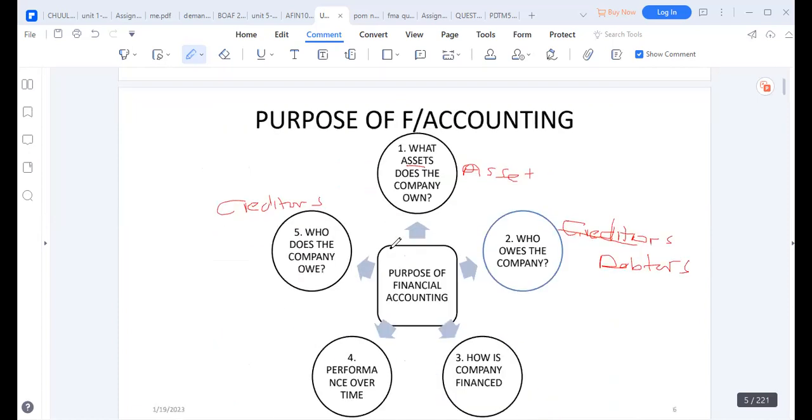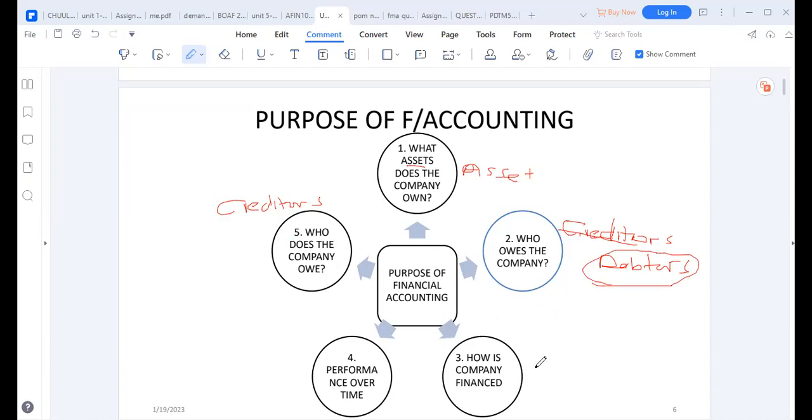So the purpose of financial accounting is to establish the following. Number one, to give us what the company owns. This is called an asset. To also establish who owes the company. These are our debtors. Our debtors owe us as a company.